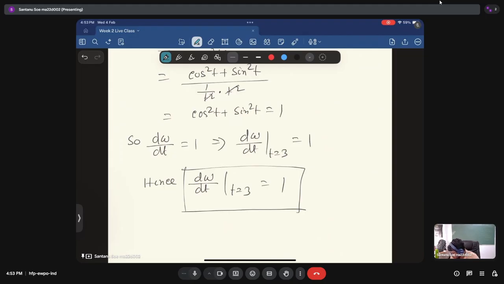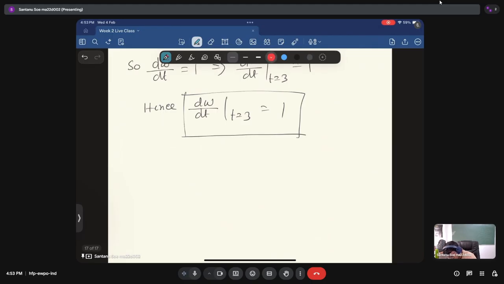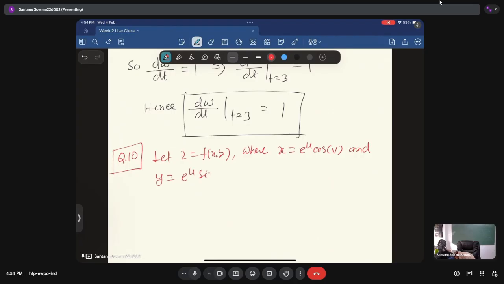Okay, so now we'll go to the next question. This is question number 10. The question is given like this. Let z equal f of x comma y, where x equals e to the power u cos v, and y equals e to the power u sin v.